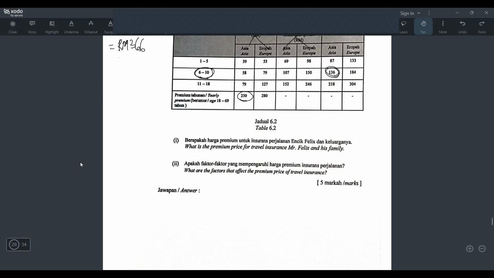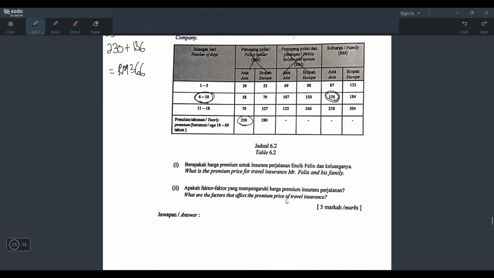Next question, what are the factors that affect the premium price of travel insurance? Oh, it's written here. Number of days, right? Can you see the more days, the higher the premium? So you can say travel period, right?